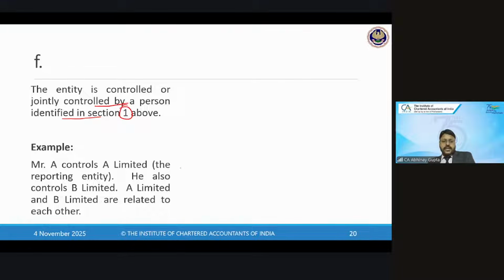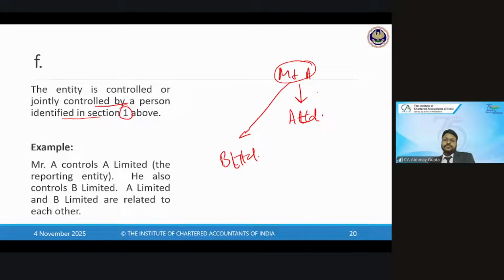So Mr. A controls A Limited. A Limited is a company, and Mr. A is controlling it, right? He also controls B Limited. Now, Mr. A is a related party to A Limited, yes or no? Yes, sir. Why? Because control is there.